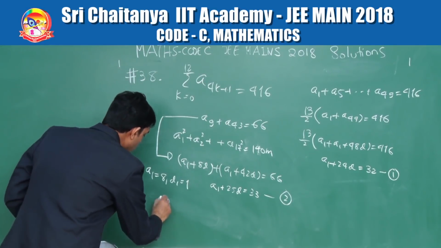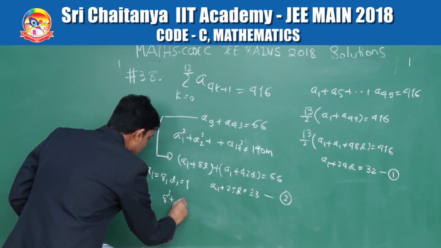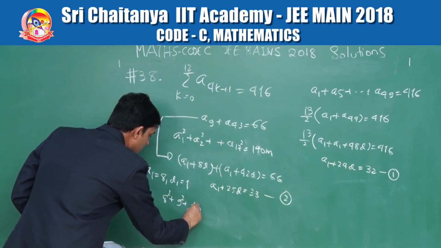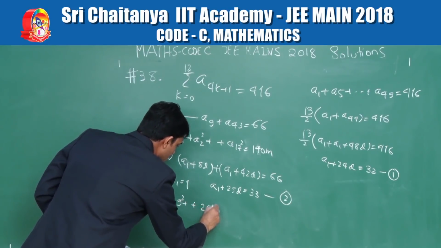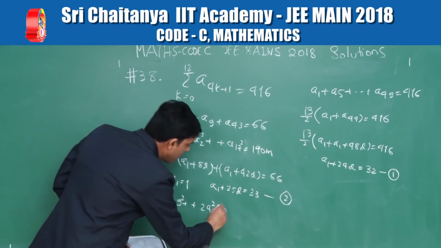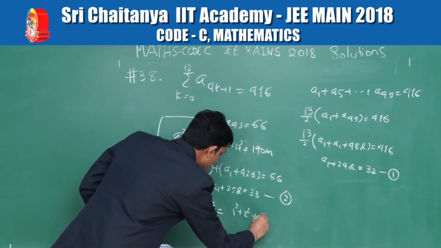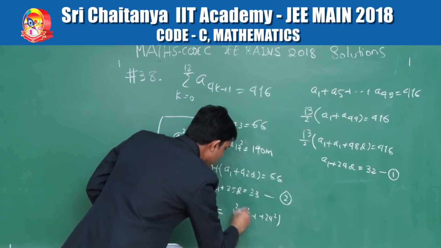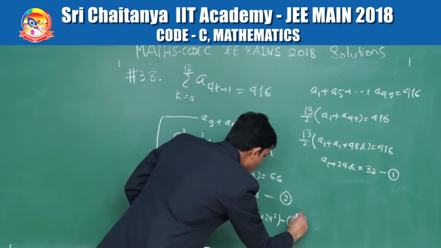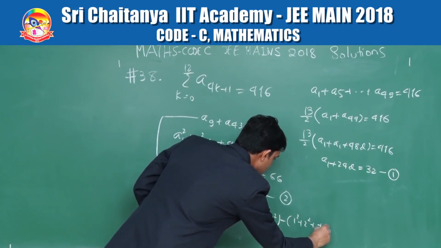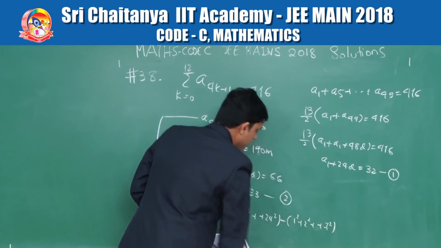So we have now 8 squared plus 9 squared till 24 squared. This sum I can calculate by 1 squared plus 2 squared going till 24 squared, minus 1 squared plus 2 squared through 7 squared.